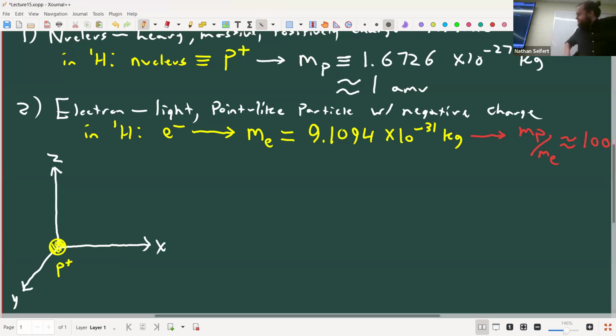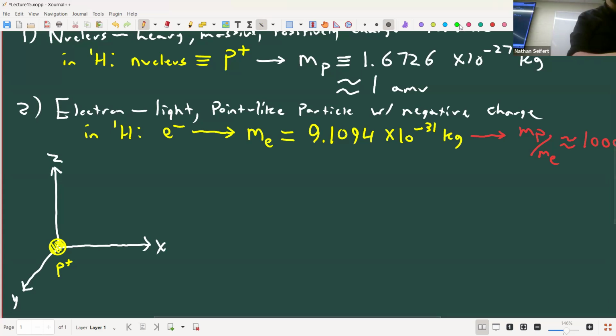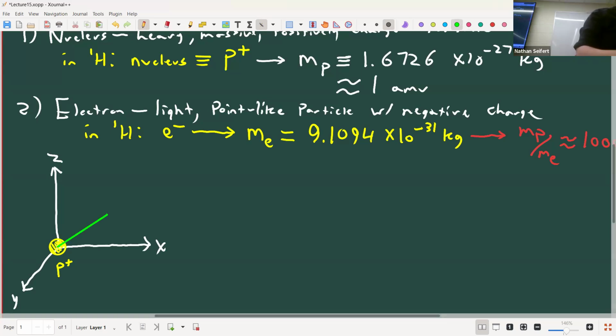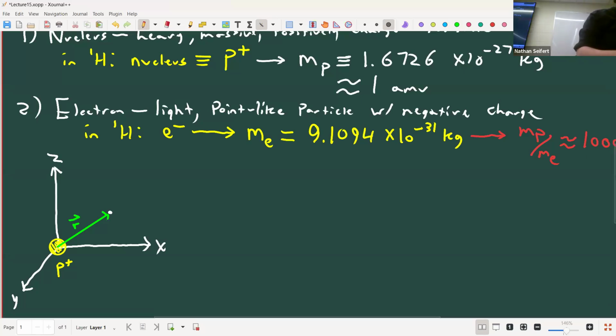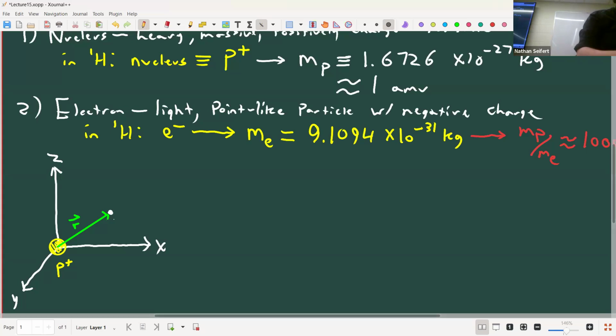At some distance away from it, somewhere in space, is an electron. I'll take a vector from the center of the proton pointing to wherever the electron is, and call it vector R. That R points to wherever the electron may be in XYZ space.